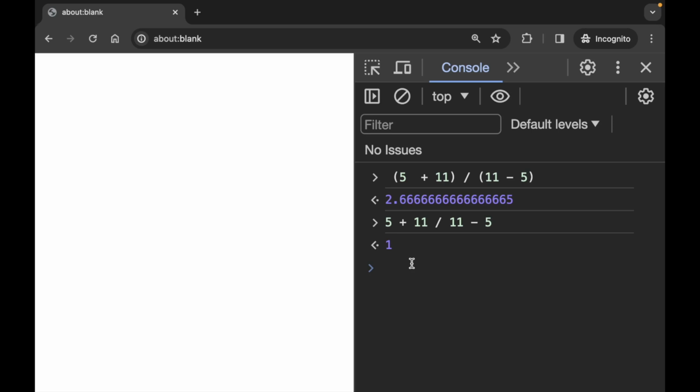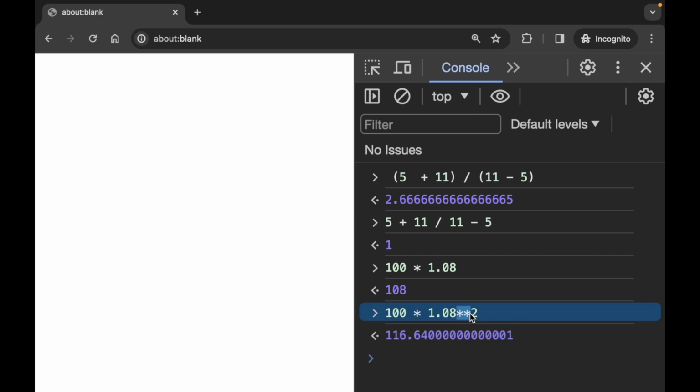So you have $100, you're going to have 8% interest. That'd be 108. Maybe you wind up having it compounding. Notice here, this is 108 squared. Or you could do the whole thing in parentheses, as we had in our other examples.